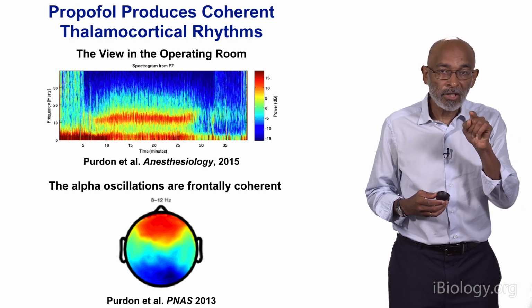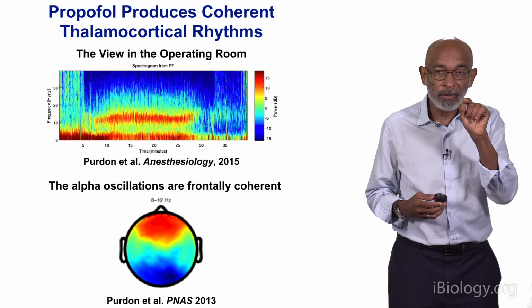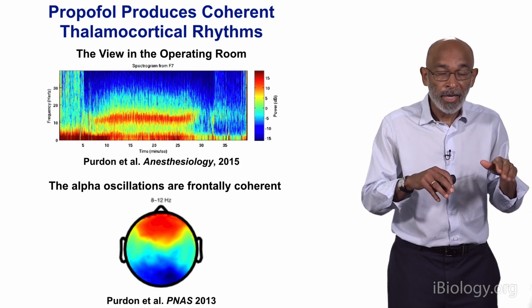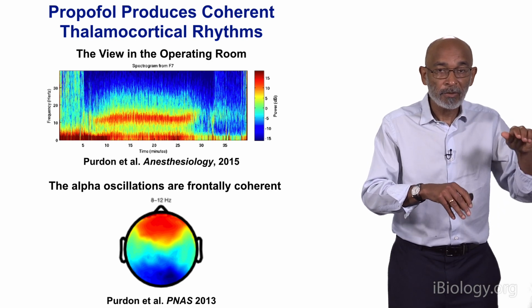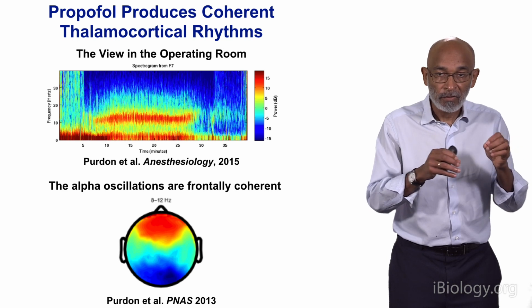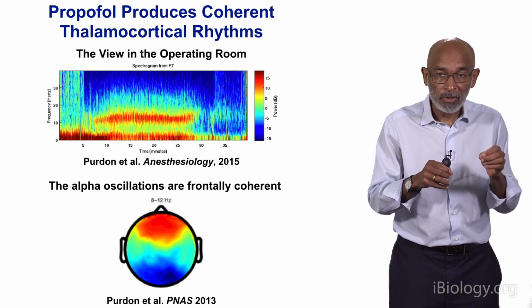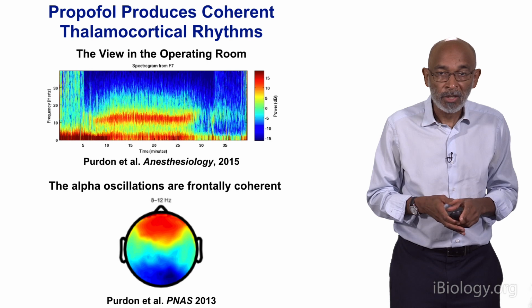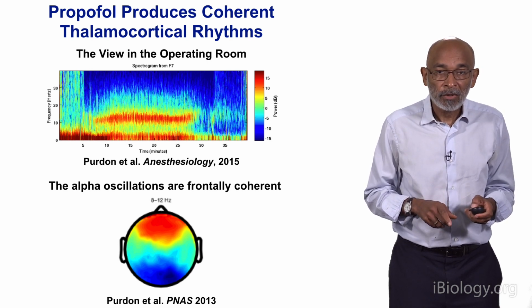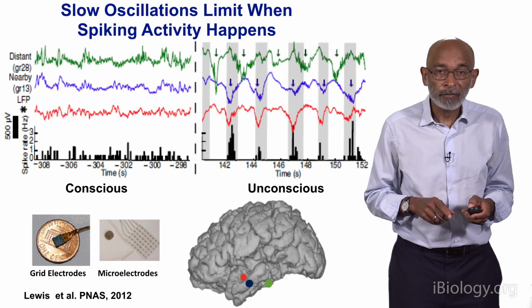It turns out that the slow oscillation, and we could see this if we go back and look at the video I showed you, is everywhere. And instead of being coherent, it seems to be quite incoherent. It's not connected. In other words, various sites where it's occurring don't seem to be connected, at least as far as the human EEG is concerned. All right? So what do we think is going on there?